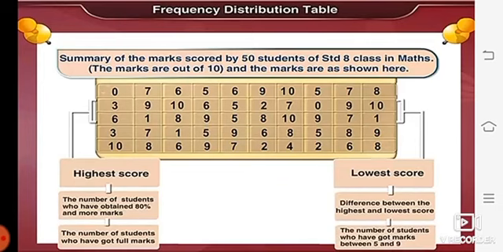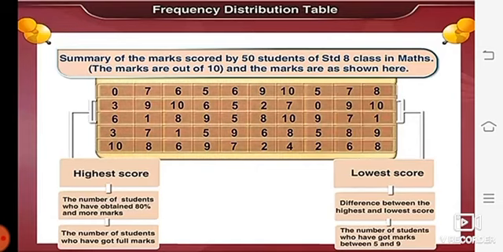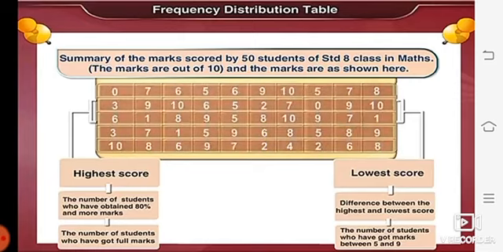Is it possible to get this information easily from the given data? No. For that, data has to be arranged in a suitable systematic manner. The data as it is given here is raw data and each number is called a score.